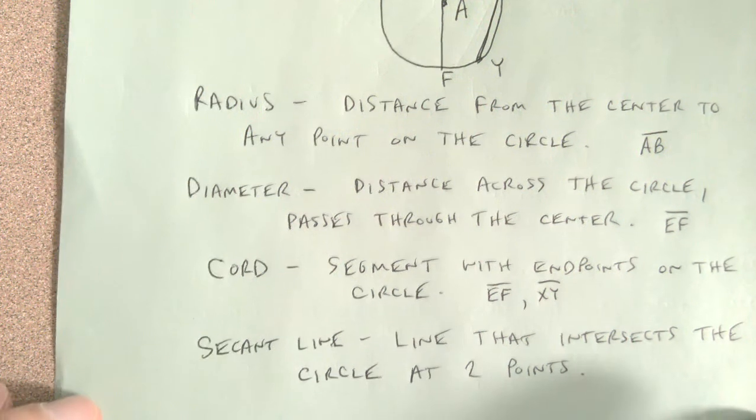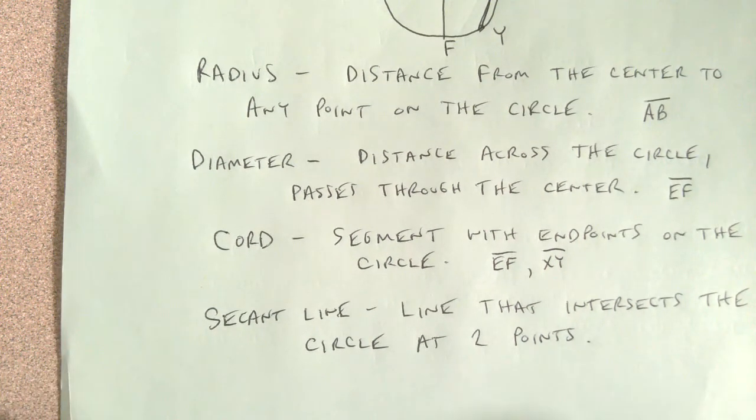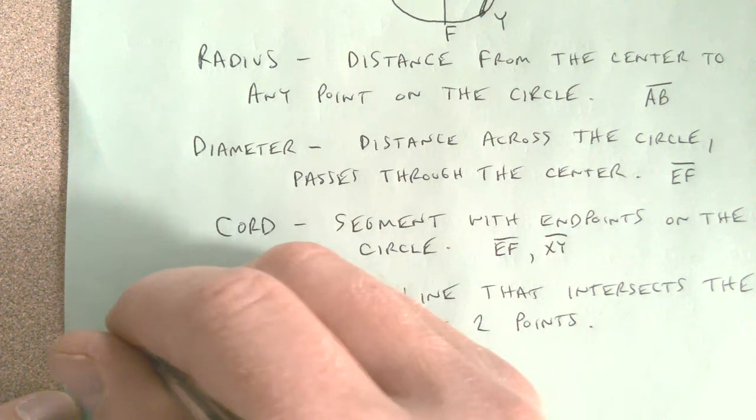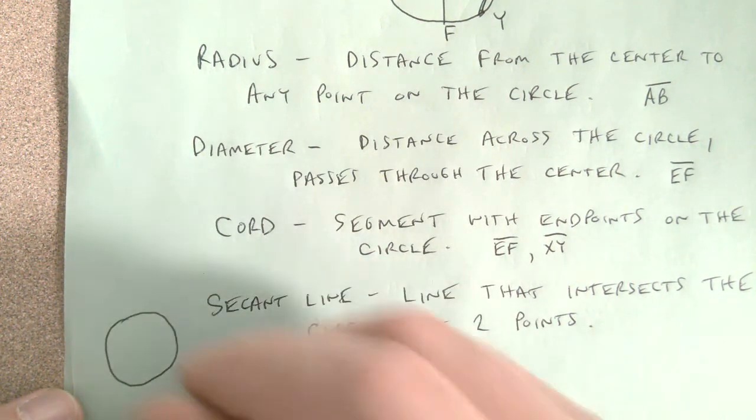So basically it passes through the circle and doesn't stop. So I'm going to draw another little picture over here to the side so I don't have to keep scrolling up and back.